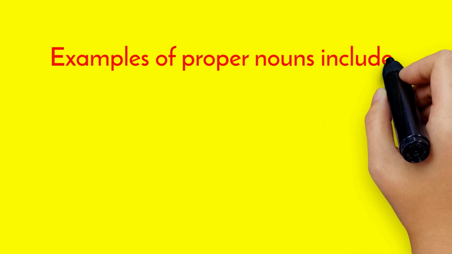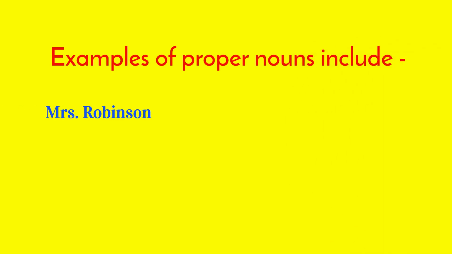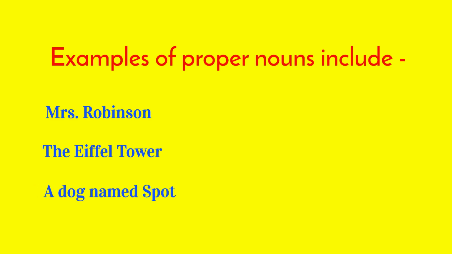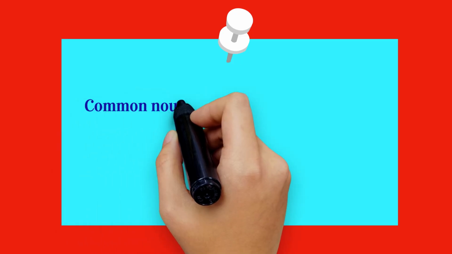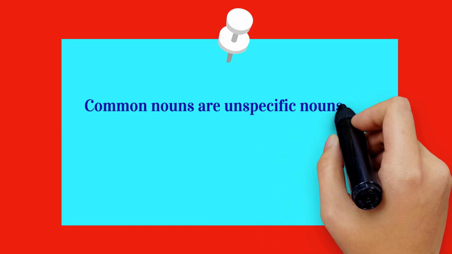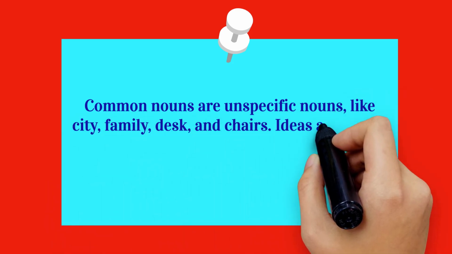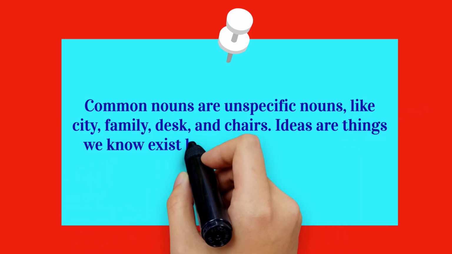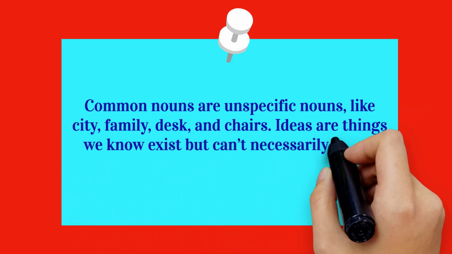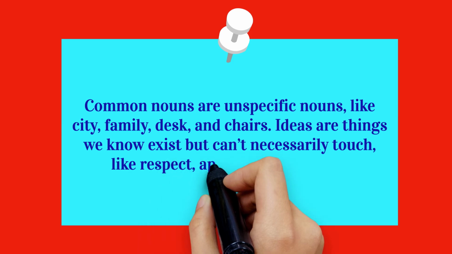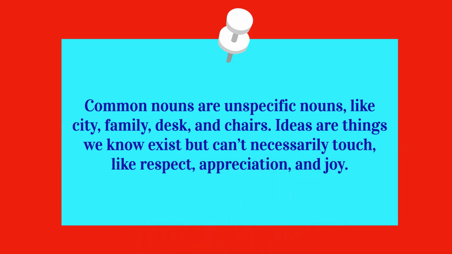Examples of proper nouns include Mrs. Robinson, the Eiffel Tower, a dog named Spot. Common nouns are unspecific nouns like city, family, desk, and chairs. Ideas are things we know exist but can't necessarily touch, like respect, appreciation, and joy.